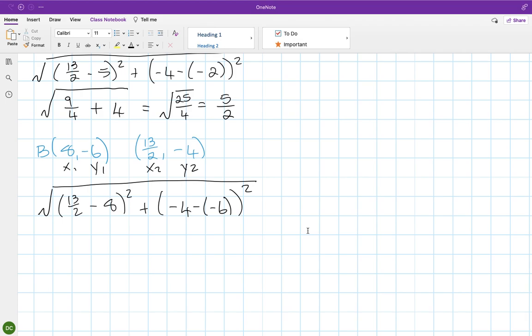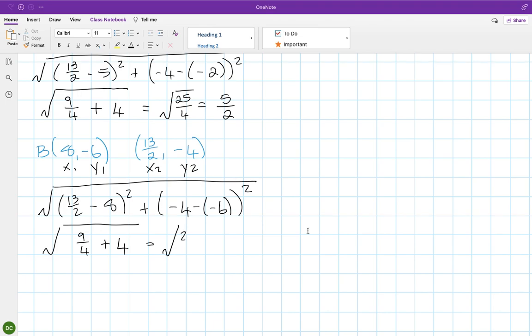13 over 2 minus 8, and then square that. Squared equals 9 over 4 again. And then minus 4 plus 6 is the other one. Oh, it's the same.